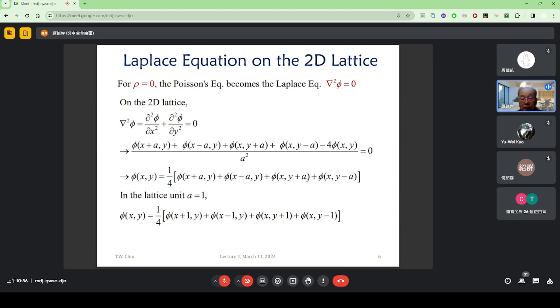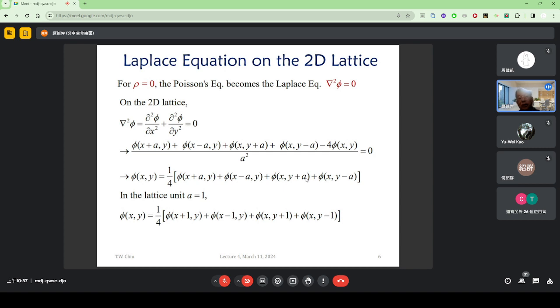If you have a fixed size of region, then the continuum limit amounts to putting as many sites as you can. If you take the limit a equal to 0 but L is fixed, then the number of sites will increase.